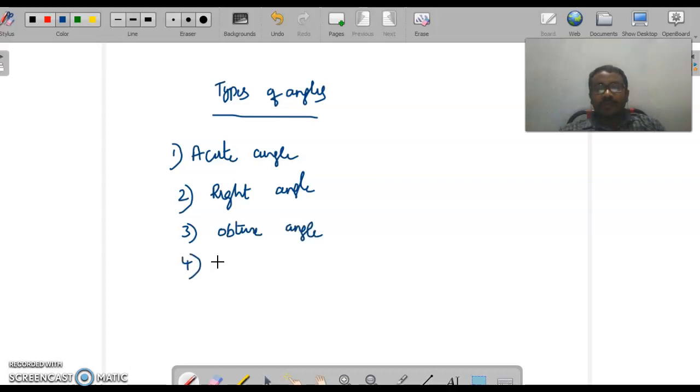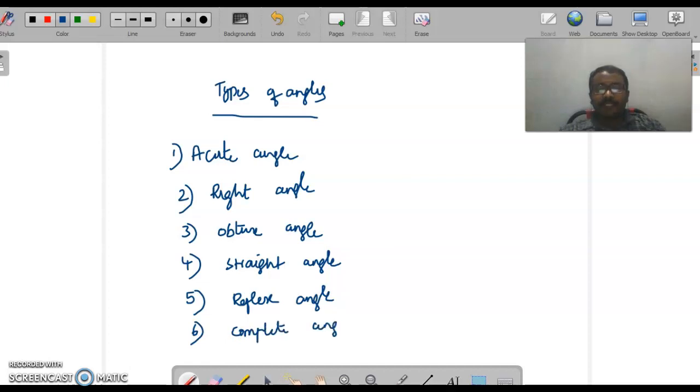The fourth one is called the straight angle. The fifth one is called the reflex angle. And the last one is the complete angle. We will discuss everything in detail.